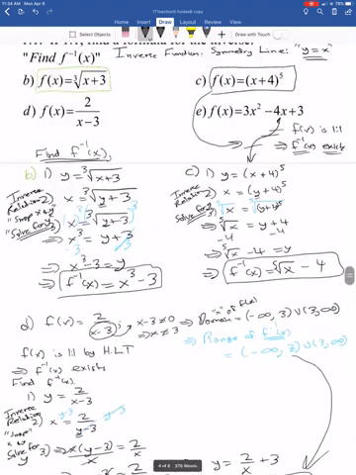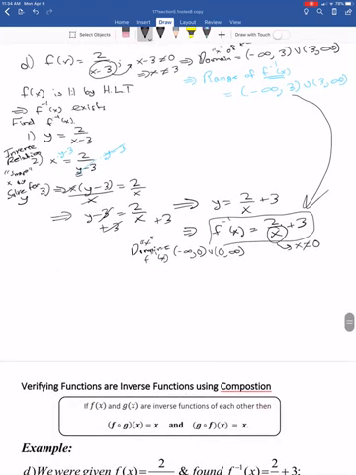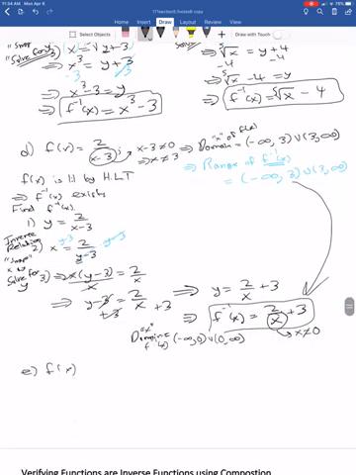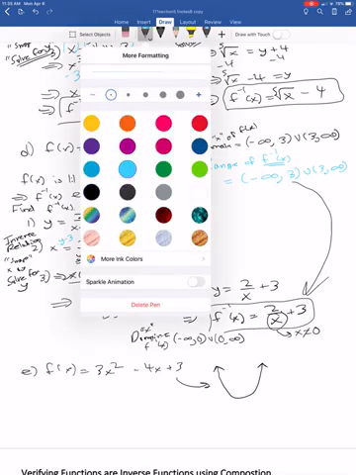The last example, example E that we had in here, right? Example E is a parabola. So with E, we had f of x equal to 3x squared minus 4x plus 3. Well, with that function, they have not restricted the domain. I know graphically, here's the graph of f of x, right? That fails the horizontal line test, right?